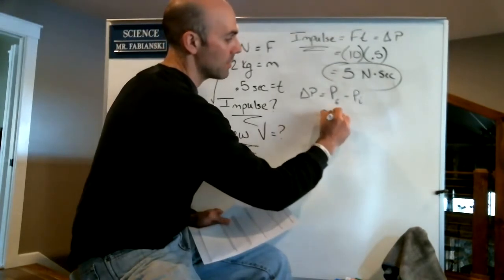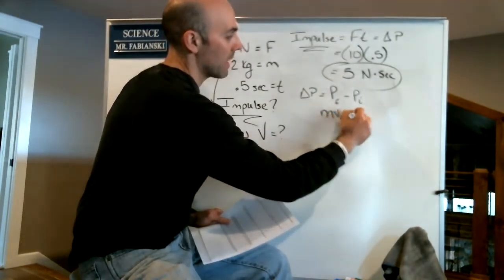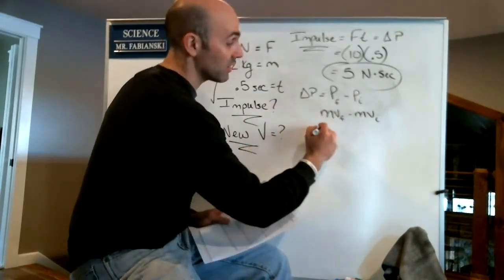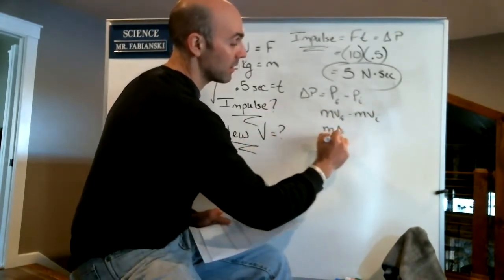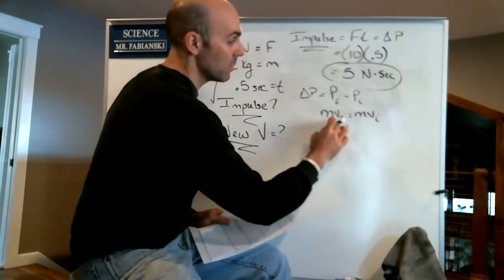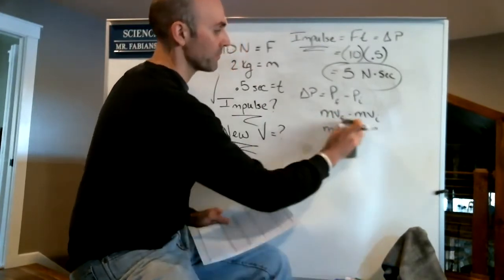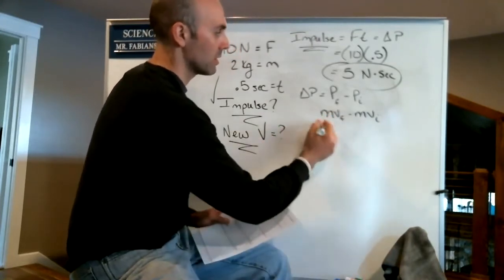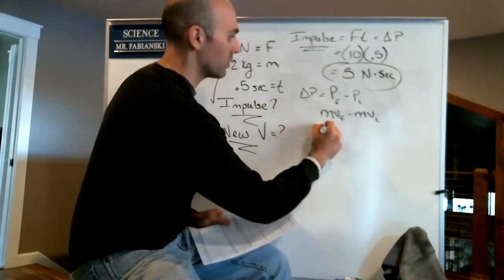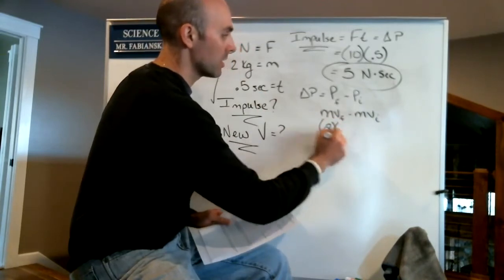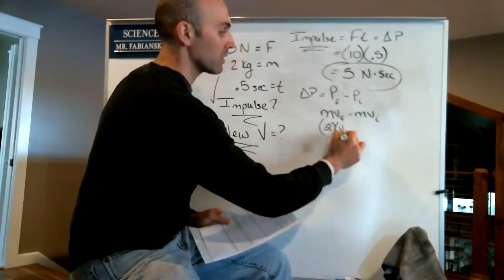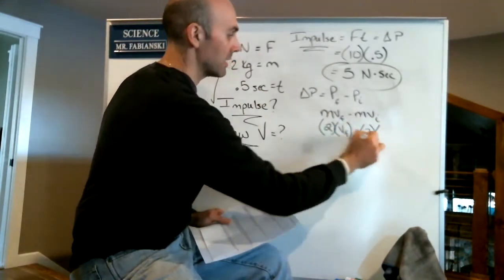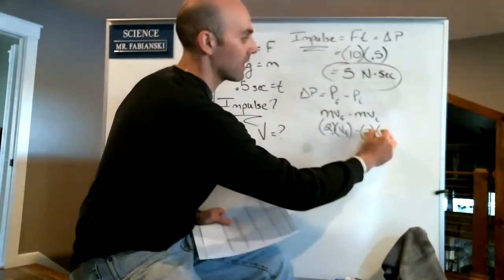It's the mv final minus the mv initial. And I know you have seen this before, m delta v, right? Which is just final minus initial. So let's solve this. The mass is 2 kilograms. The final velocity is what we're looking for. The mass is 2 kilograms, and the initial velocity, it said it was traveling at 10.